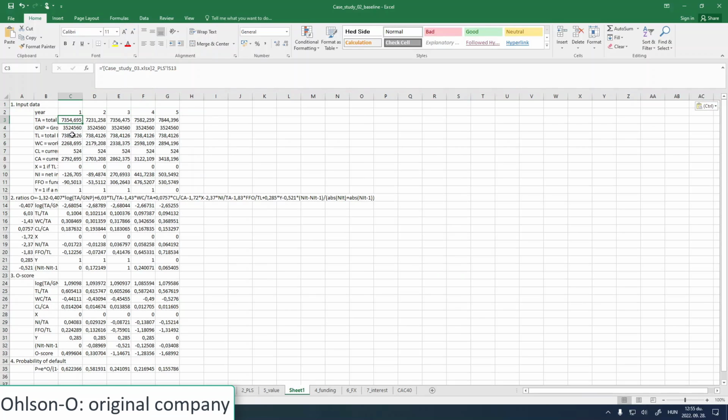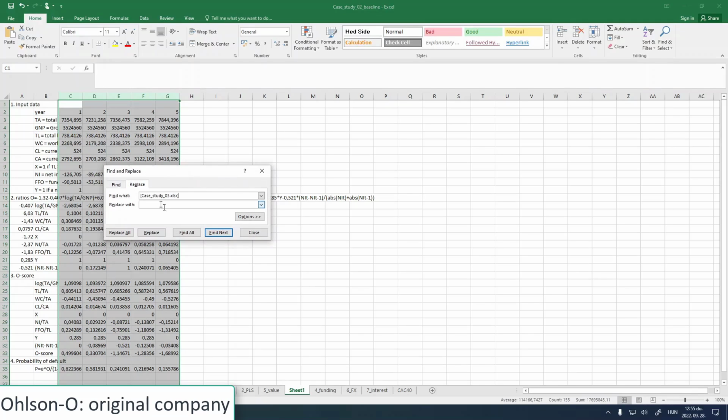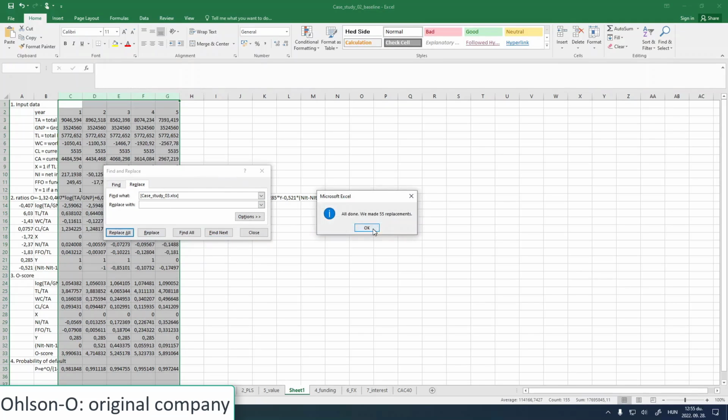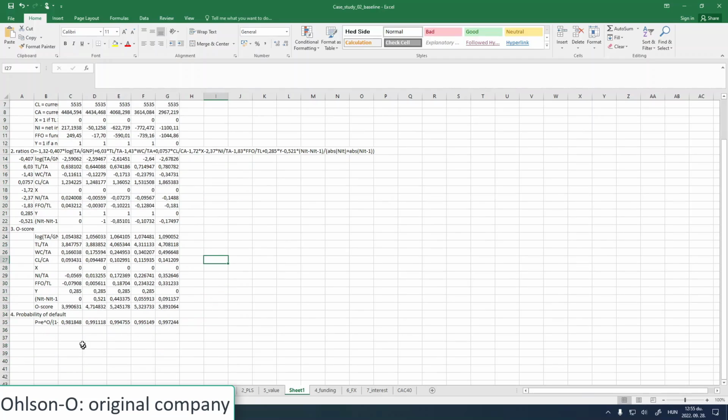But not from case study. I hate when Excel does this. Ctrl F, replace this thing. Yay! Okay.